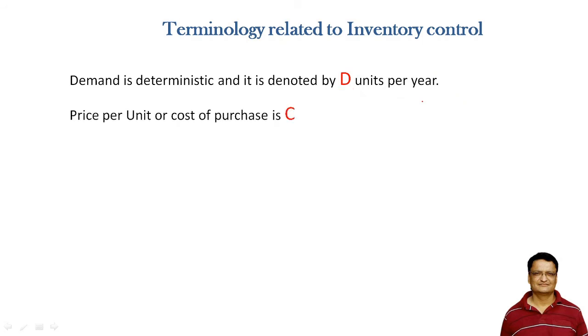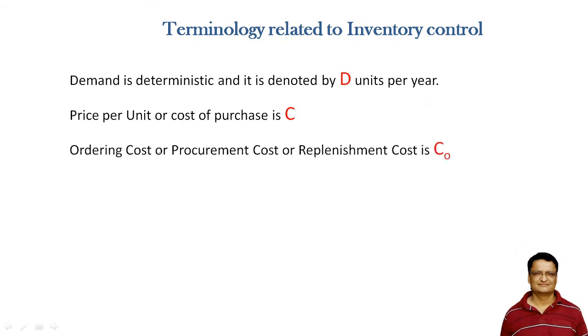Price per unit or cost of purchase per unit is C. Ordering cost or procurement cost or replenishment cost is CO. Now let us try to understand that these two costs are different. Many students get confused with these two costs.